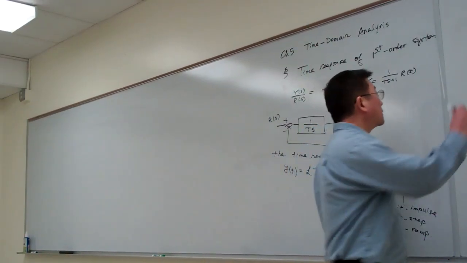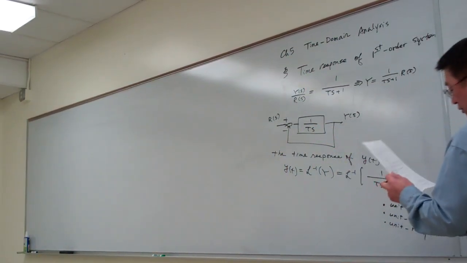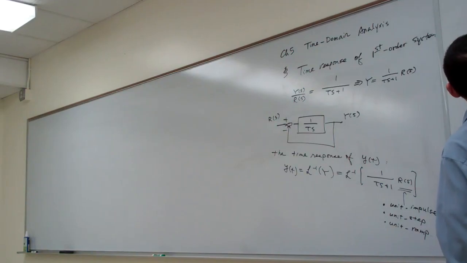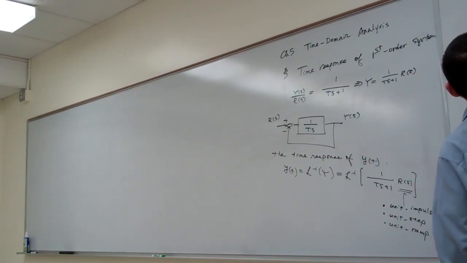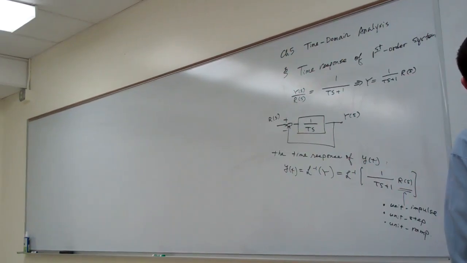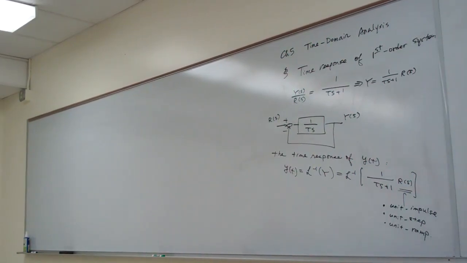So the first one is the unit impulse response, the unit impulse response of the first order system. The unit impulse response means R(t) equals delta(t), and so R(s) equals 1.